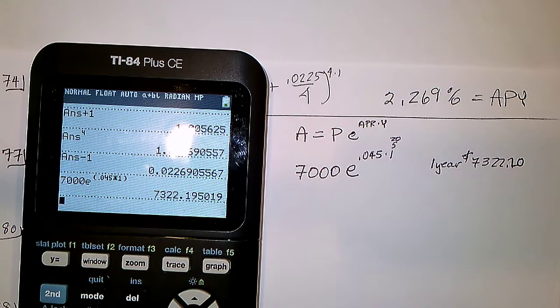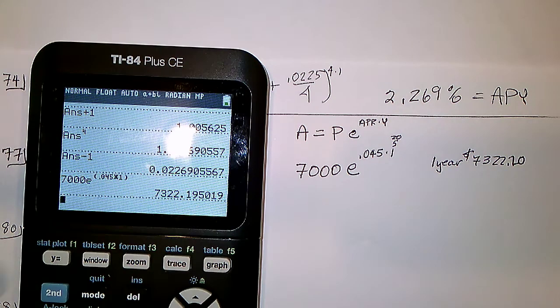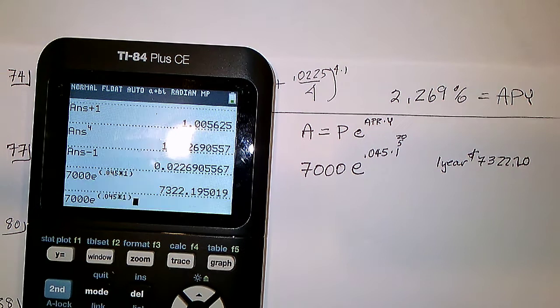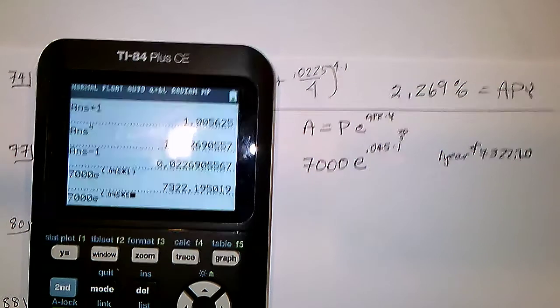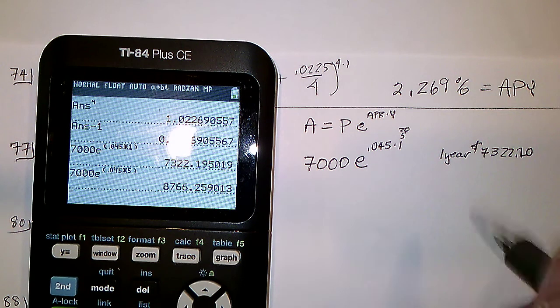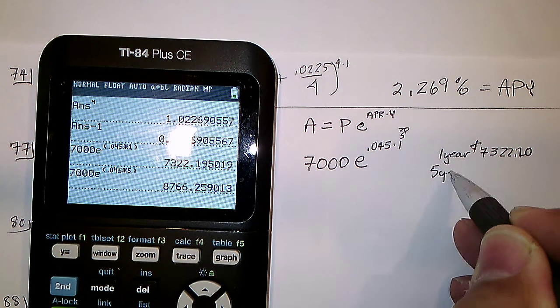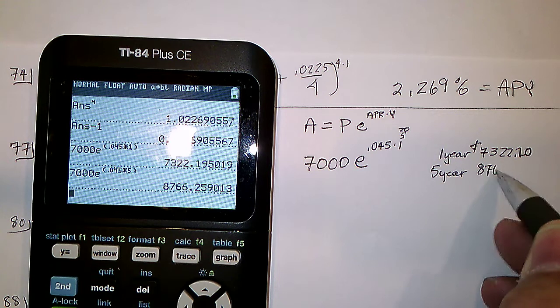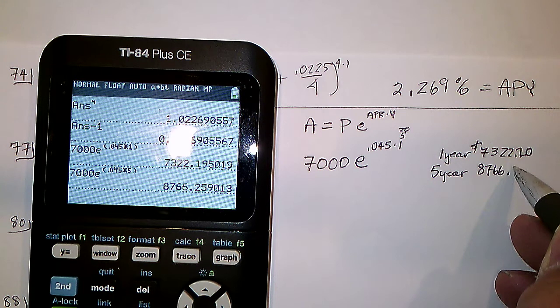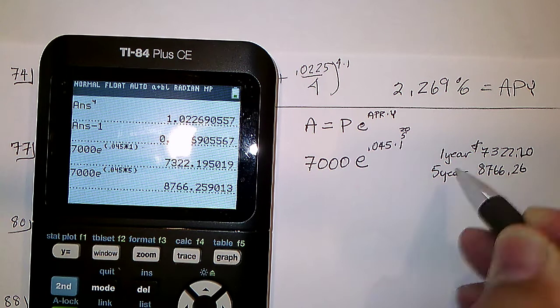For 5 years, I would go back and change the 1 to a 5. Second, enter on a TI calculator. It'll let us go back there. 5, enter, and that's 5 years. It's 8766.26.